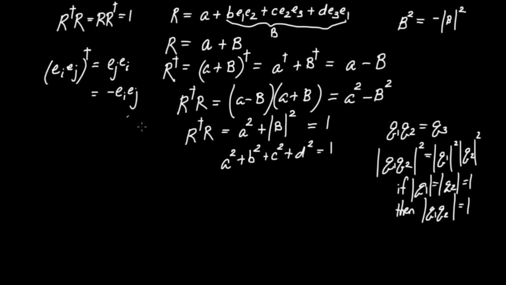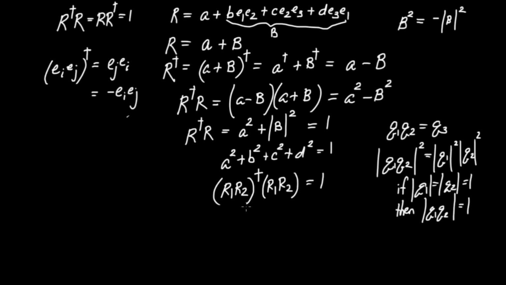This is something more specific: if you take 2 rotors, you get a third rotor. That is to say, going back to the defining feature of rotors, that r dagger r is equal to 1, if I have 2 rotors, r1 and r2, then (r1 r2) dagger times r1 r2 is also equal to 1.